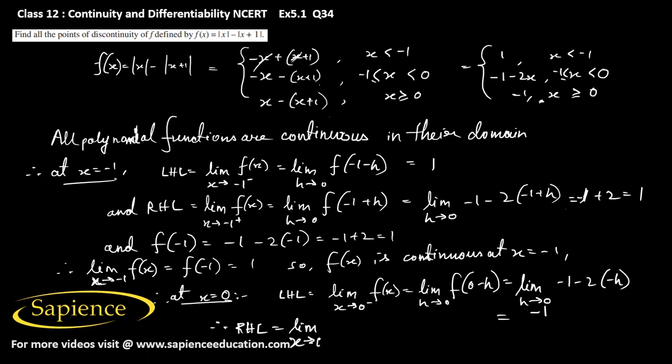and therefore right hand limit that will be equal to limit x tends to 0 plus f of x. So that will be equal to limit h tends to 0 f of 0 plus h. So we can put h equal to 0 here.